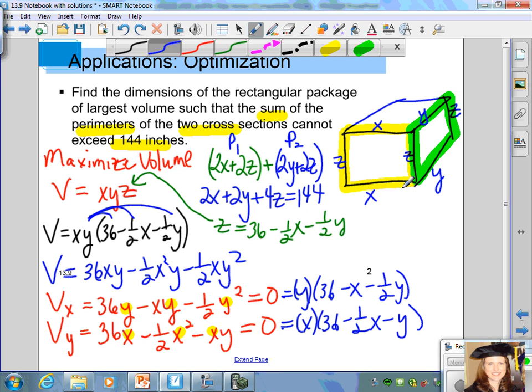So that certainly would not maximize the volume. So we can eliminate that choice. So let's look at the possibilities where this system of equations is equal to 0.